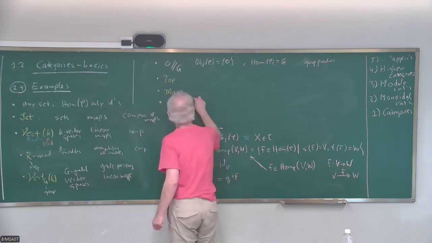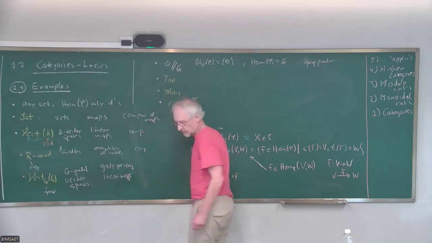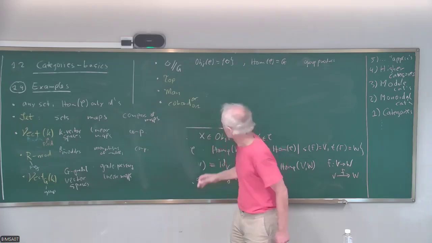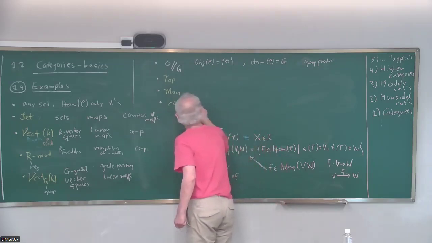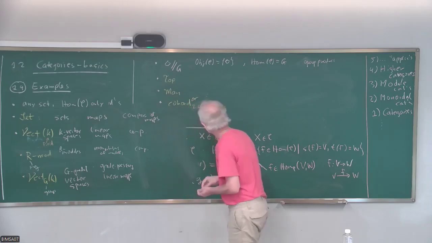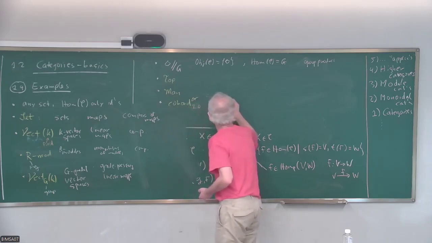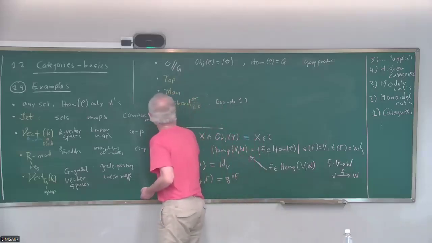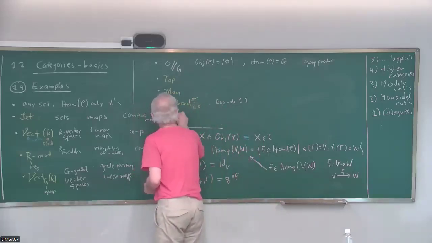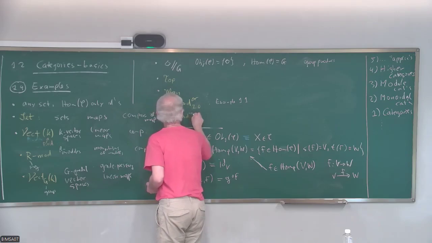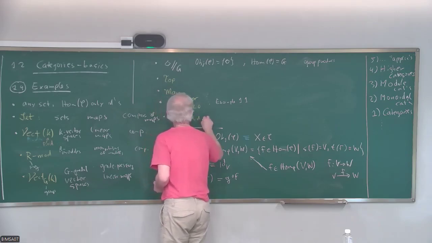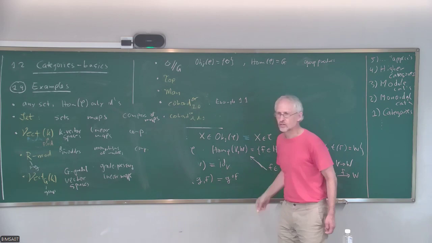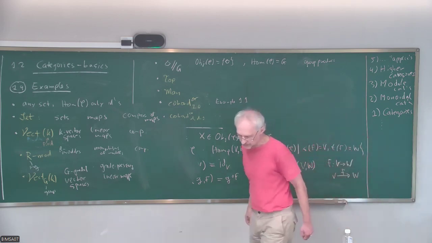Then we have a category which is called oriented cobordisms in dimensions 0 and 1. This is just example 1, which we have seen, and there is a generalization of this, oriented cobordisms in dimension d. These are generalizations, and I will say a bit more about them later on.